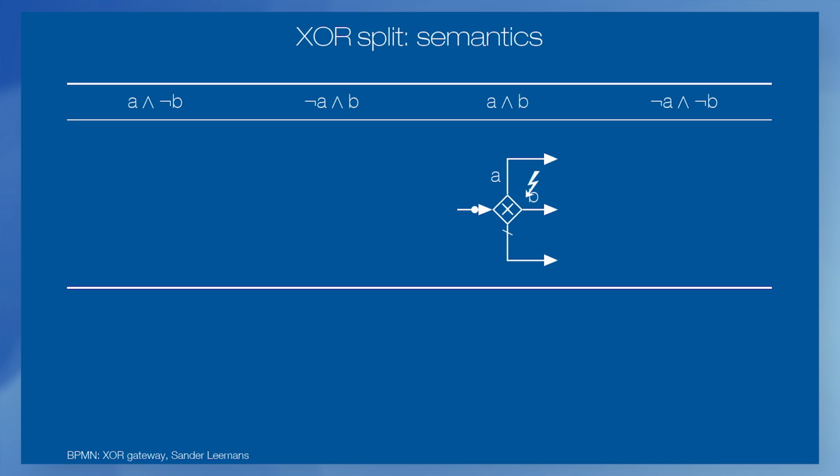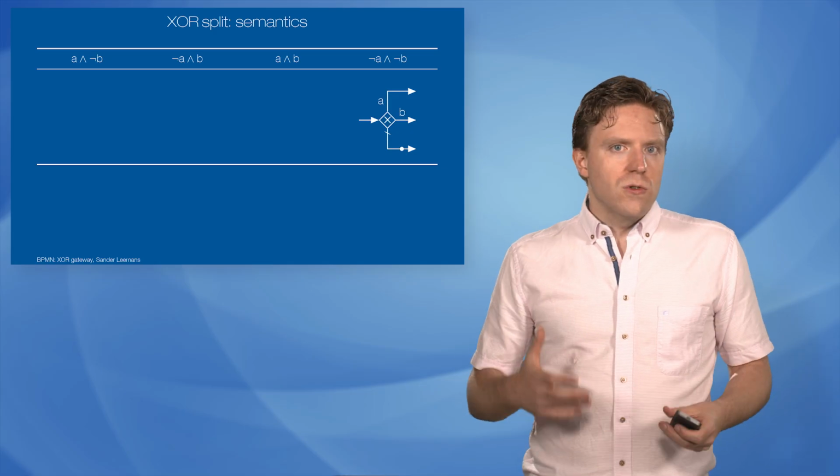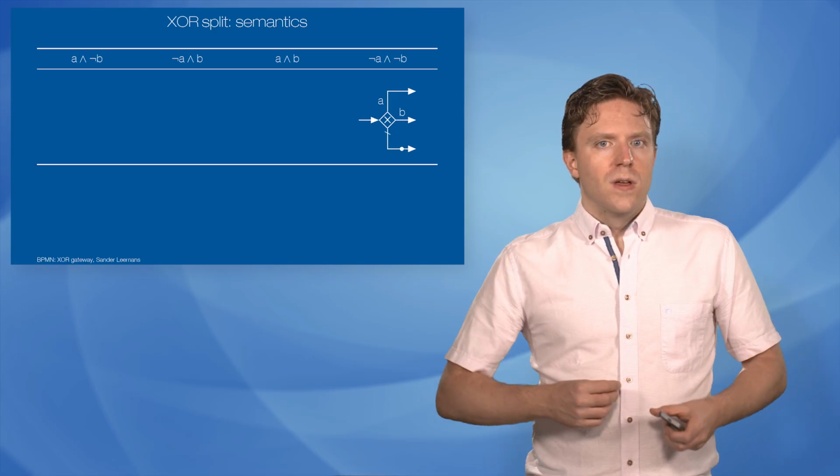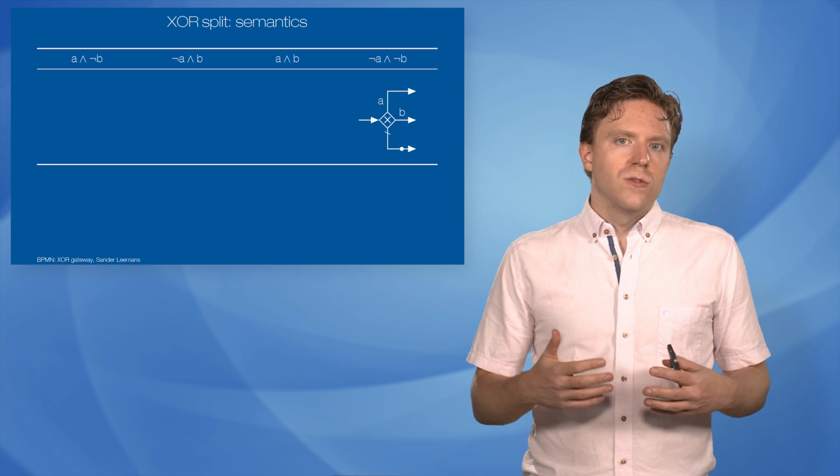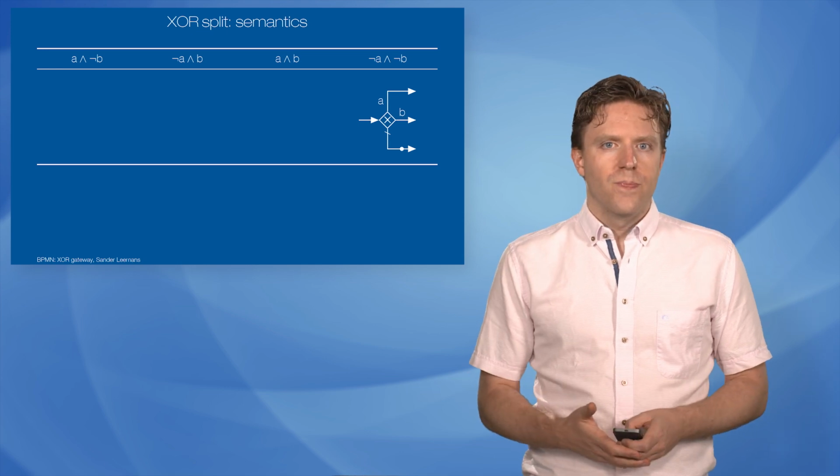So this is still a problem that needs to be avoided in modeling. Where the default does help though, is if neither A nor B holds, then the token gets forwarded to the default sequence flow. This is the XOR split that splits control flow into 2 or more branches.